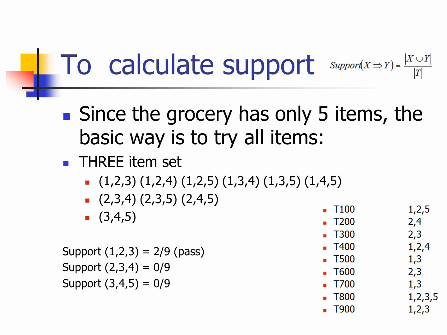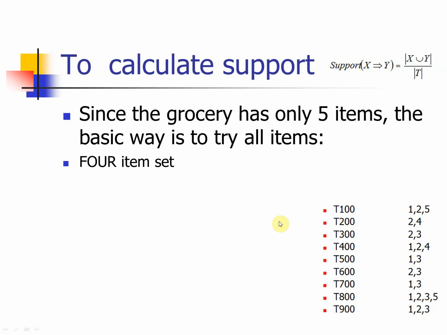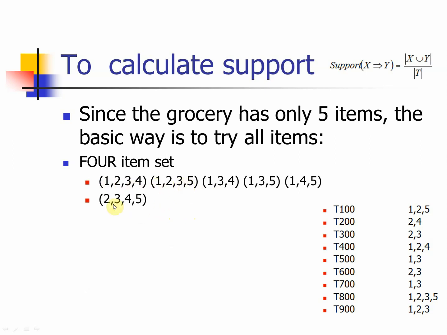If we can expand from 2-item sets to 3-item sets, we can also expand that to 4-item sets. So this time for the 4-item sets that we listed over here: 1, 2, 3, 4; 1, 2, 3, 5; etc., and 2, 3, 4, 5. So we have 3 different 4-item sets.